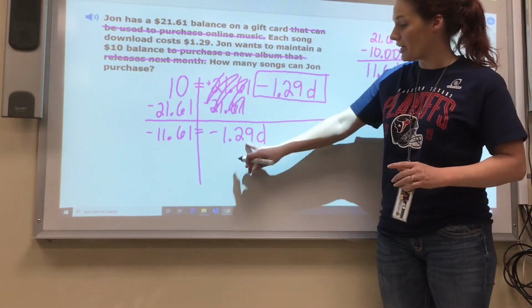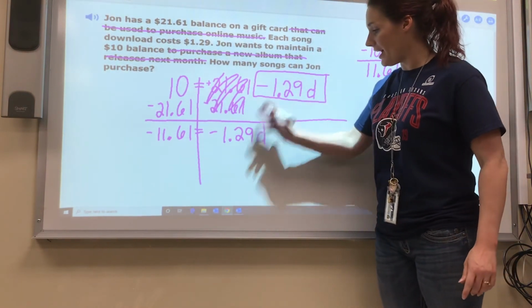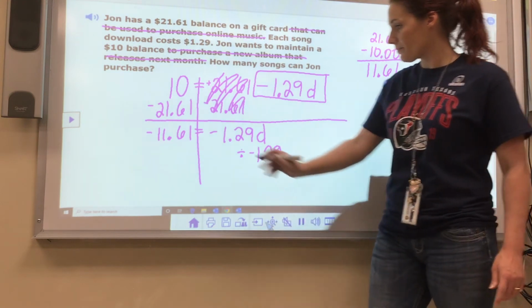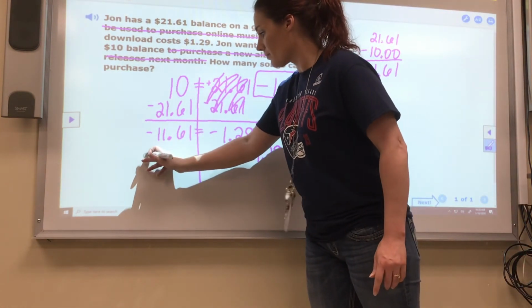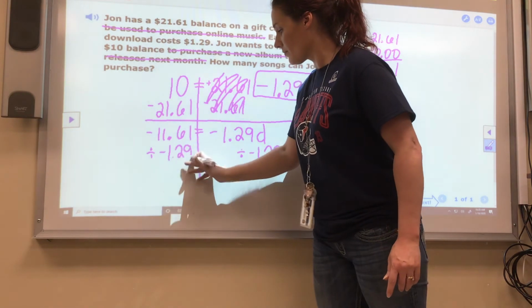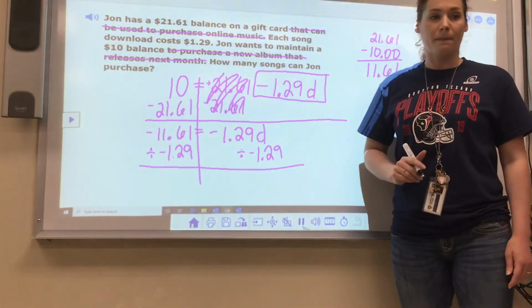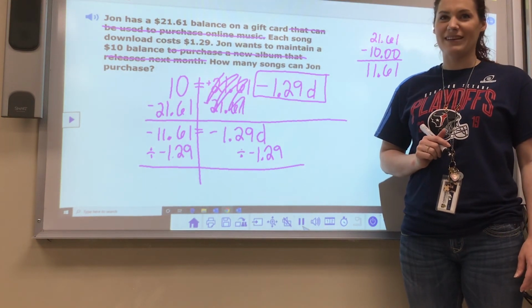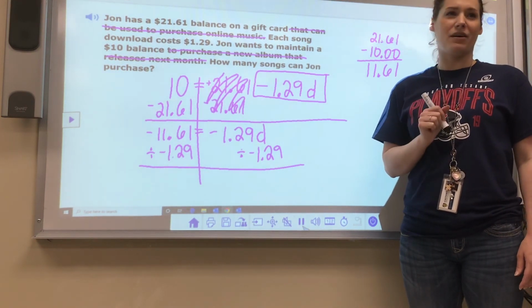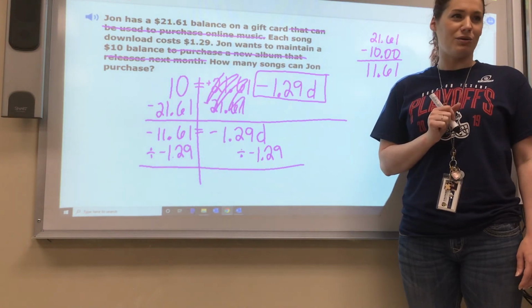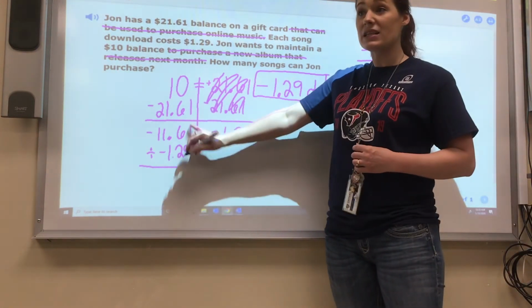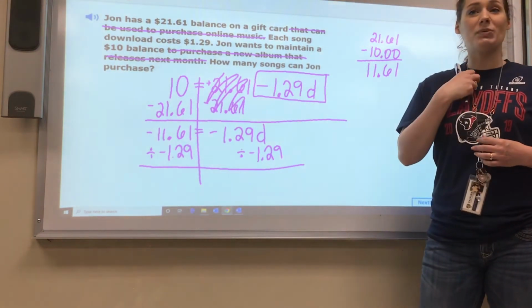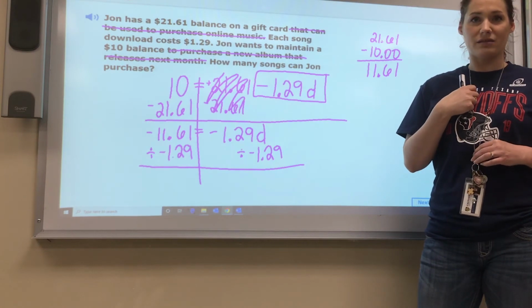Because this is negative 1.29 times D, so I'm going to divide by negative 1.29. I'm assuming this is a whole number answer. I don't really want to divide these. Do you really want to divide those? Not really. Let's use multiplication and guess and check our answer instead.